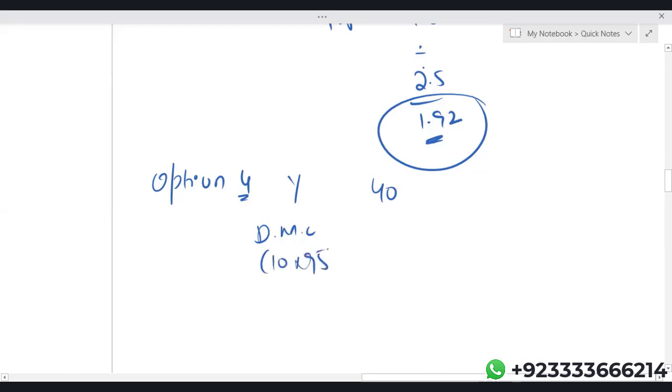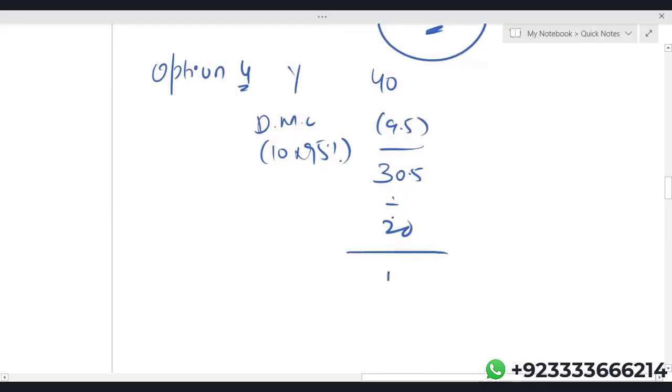If I take 95% of this, it is going to be 9.5. So 40 minus 9.5 gives me throughput of 30.5. Bottleneck is 20 hours. I'm getting 1.525. This is return per factory hour.